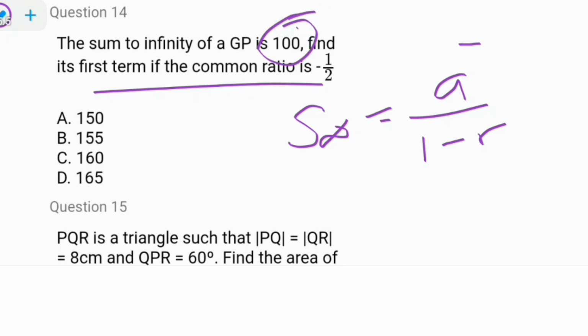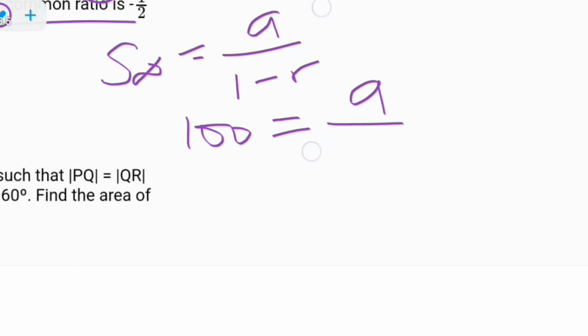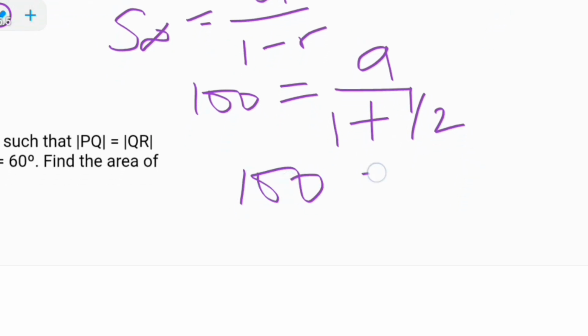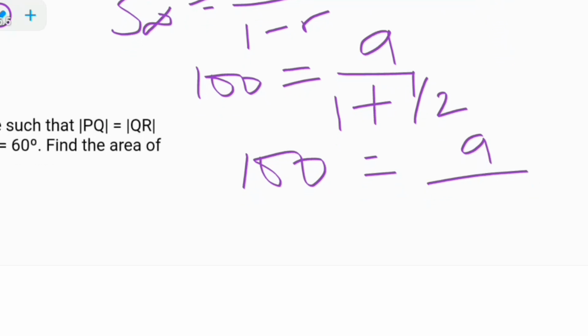So just write 100 is equals to A, which is what you are looking for, divided by 1 minus the common ratio, which is minus half. Since you have minus half, this place will become plus, because here is actually negative. So you have 100 equals A over 1 plus half, which means 1.5.